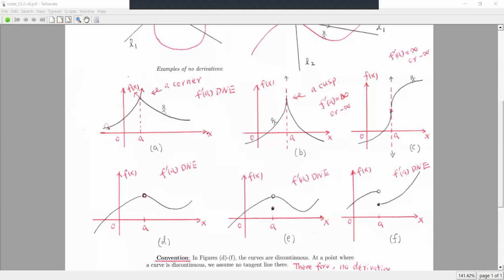If I walk from the other side, when I pass the corner, my walking direction is this direction. No line at the corner can match these two different directions. Therefore, at the corner, no tangent line. And therefore, at the corner, derivative doesn't exist.